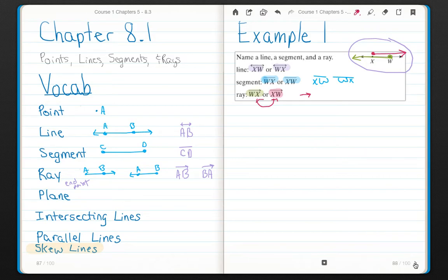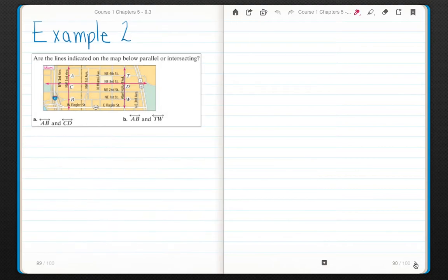Now let's move on and talk about how lines and segments can intersect. So we have a plane. A plane is a flat surface with no thickness that extends in all directions on the surface.